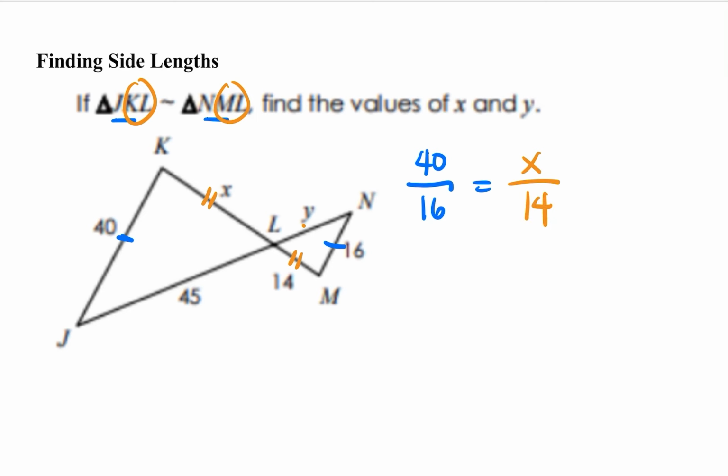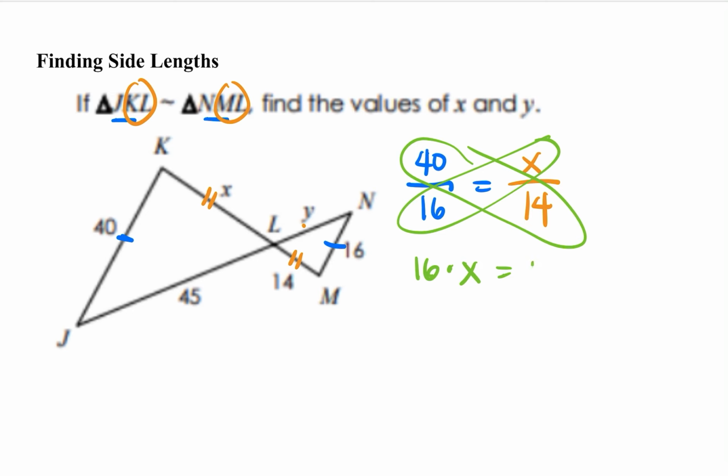So we have a proportion, and we are going to find the value of x. We apply the butterfly method, or cross multiplication. We multiply 16 times x, and 40 times 14 goes on the other side of the equation.